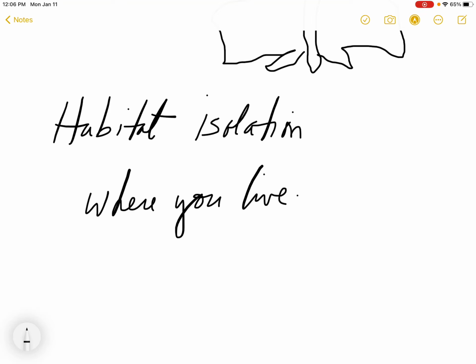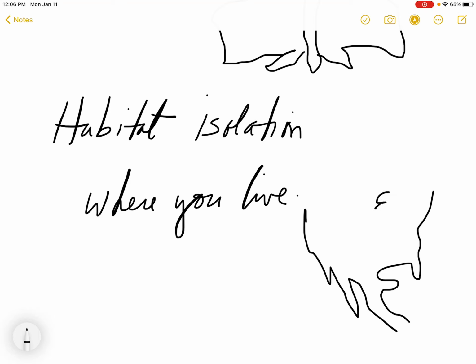And so we can imagine that species might live in the same general region. If we think about a map of North America, there's South America, North America. Maybe there's a region here in the Great Lakes area.